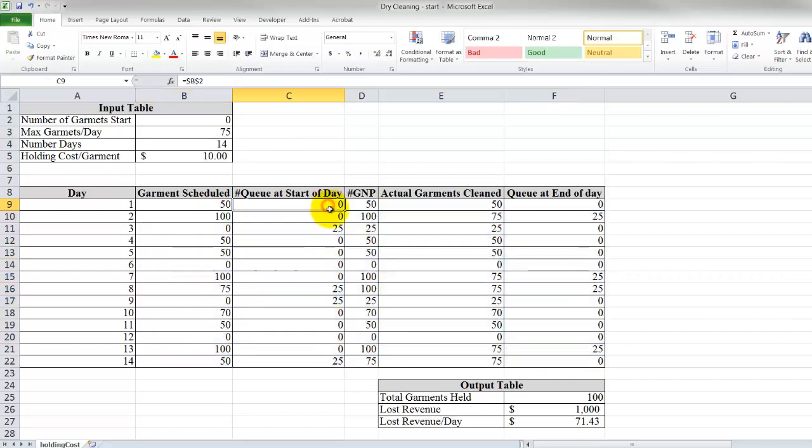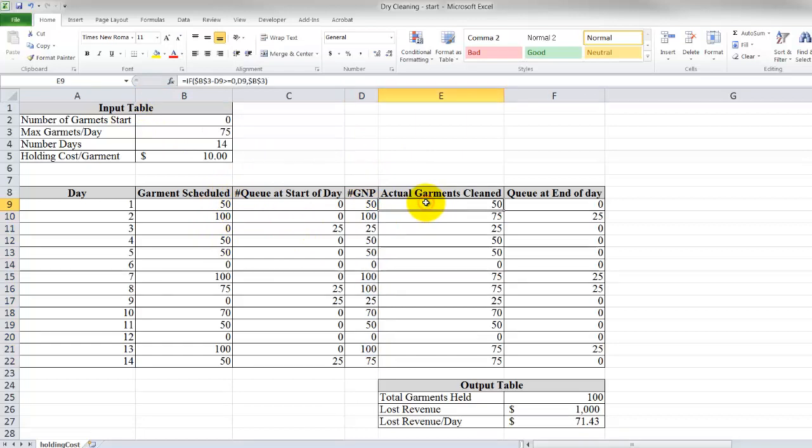We then calculated the start of a day. We referenced the value here that told us how many units we had carried over from, let's say, day 0 or the previous day. We then referenced the queue at the end of the day for the prior day, the units that we couldn't process the prior day, and the number of garments that needed processing, which is simply a sum of the scheduled plus the queue.